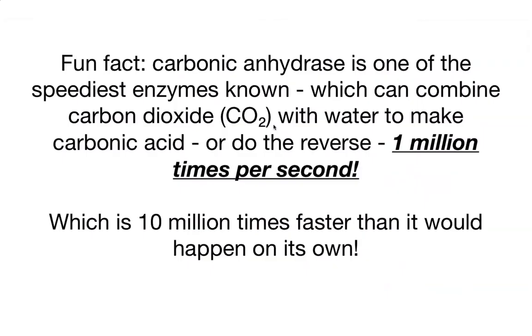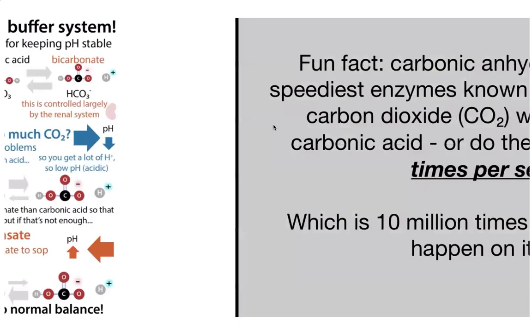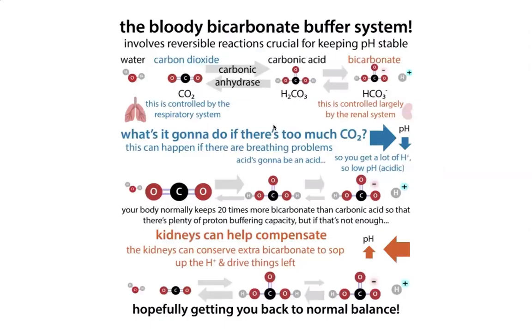It can combine CO2 with water to make carbonic acid or do the reverse 1 million times per second, which is 10 million times faster than it would happen on its own. So hope this gets you excited about our upcoming section on enzymes, because this is just one of the coolest ones. But anyway, the significance of this is that when that carbonic acid deprotonates, it releases protons.